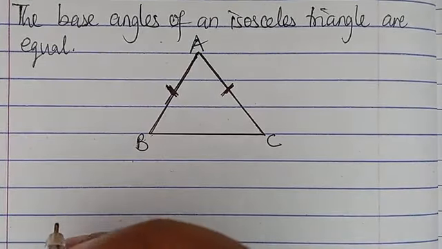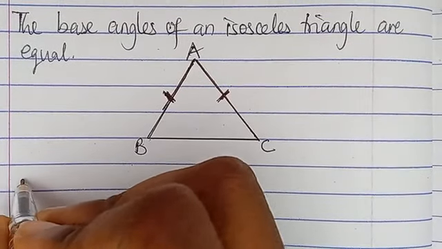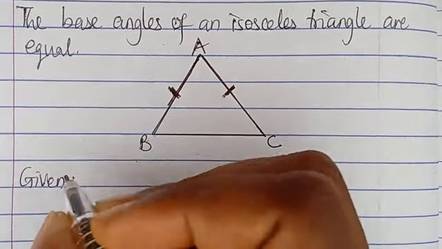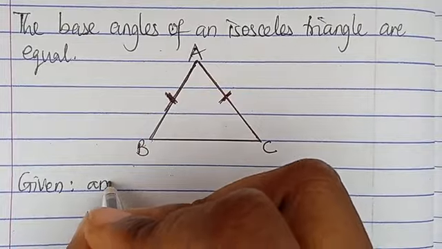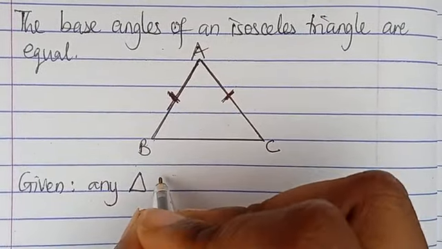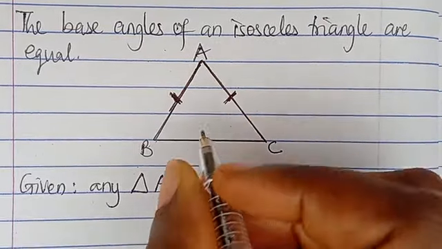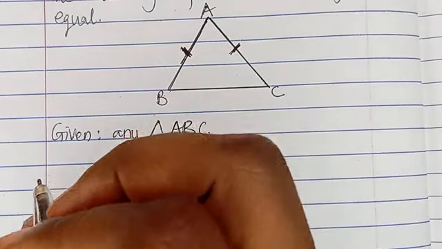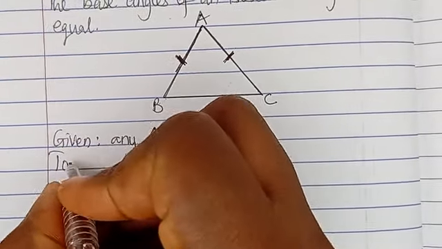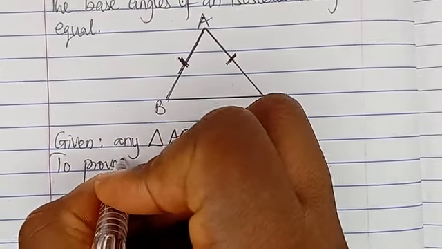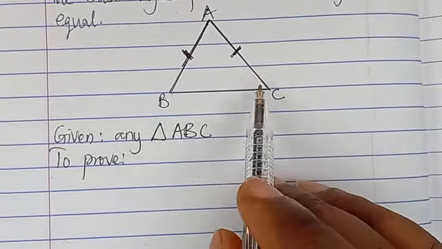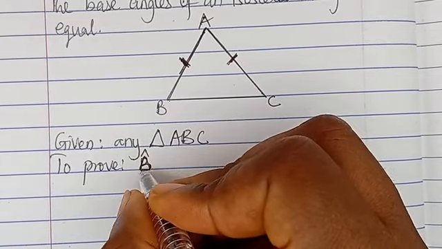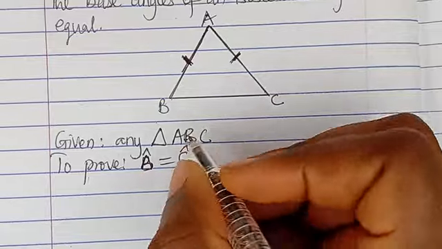Given any triangle ABC, just like we have in this diagram, what we are to prove is that these base angles, angle B is equal to angle C.